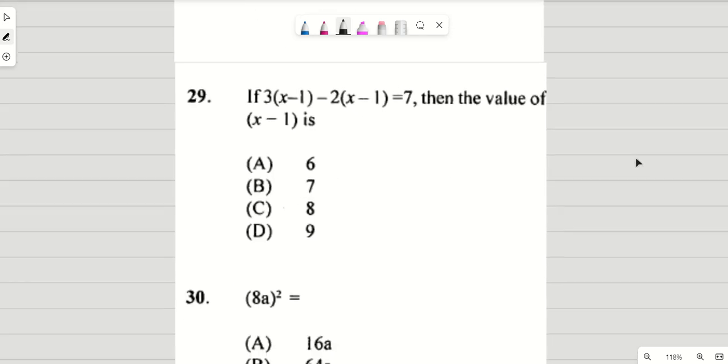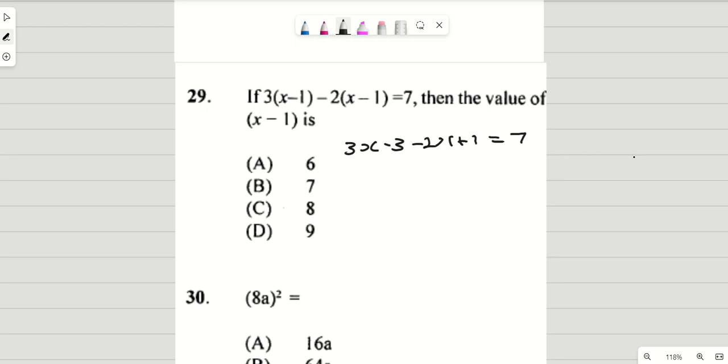Number 29, then the value. If 3 by x minus 1 minus 2 by x minus 1 is equal to 7, then the value of x minus 1 is, first off, let's find out what is the value of x. So this is 3 by x is 3x minus 3 minus 2x plus 1 is equals to 7.